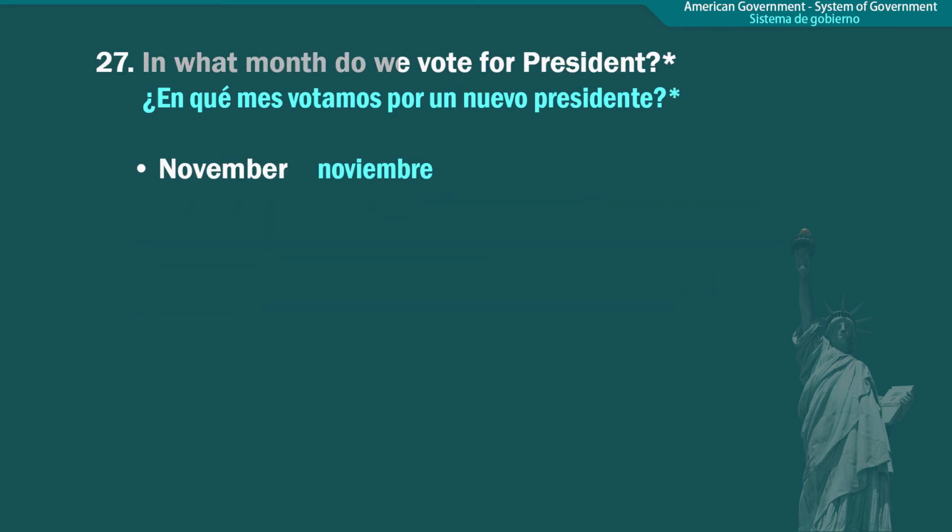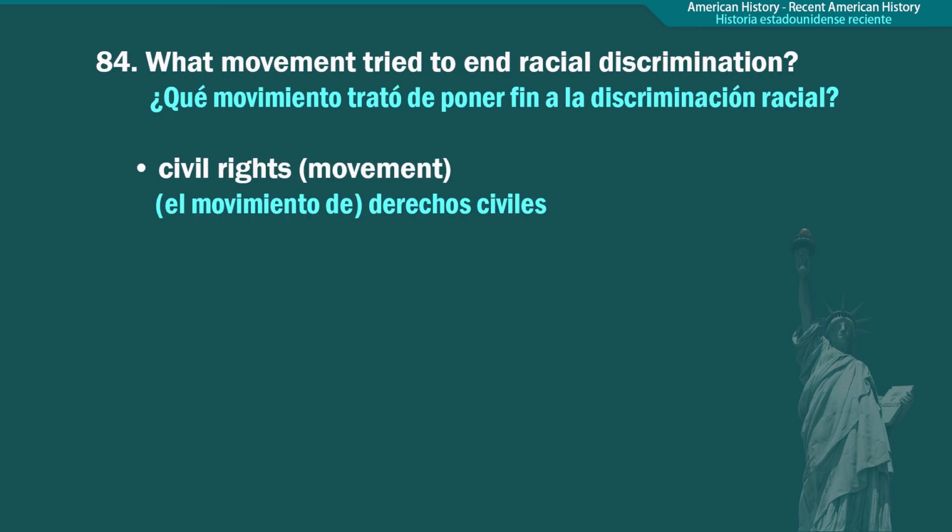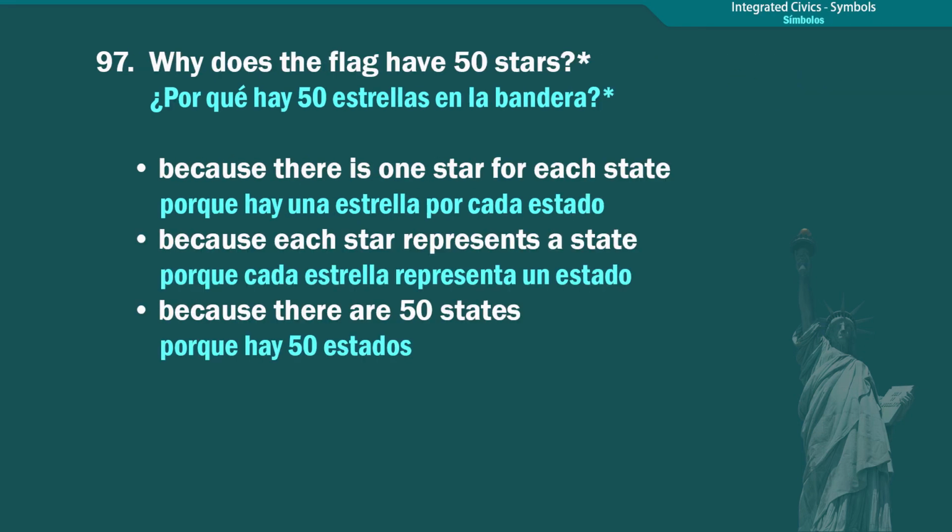In what month do we vote for president? November. What movement tried to end racial discrimination? Civil rights movement. Why does the flag have 50 stars? Because there is one star for each state. Because each star represents a state.